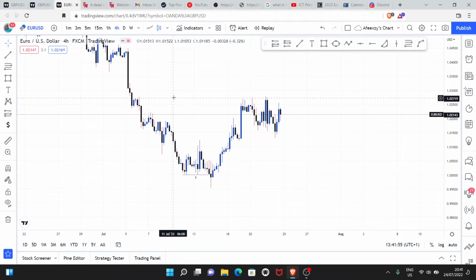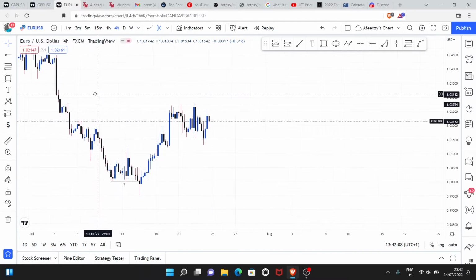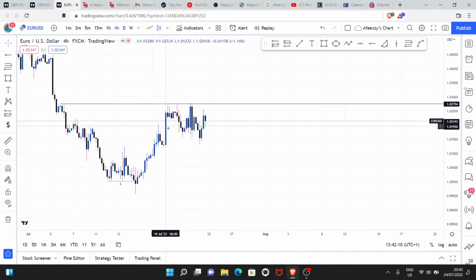So on EURUSD, we can see equal highs here. Let me mark it. Relative equal highs here. Last week, EURUSD filled this gap of the candle, this fair value gap.